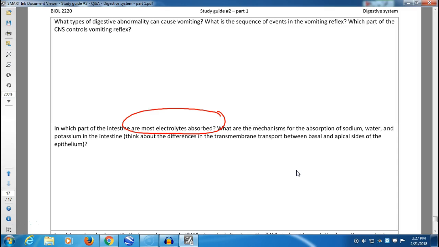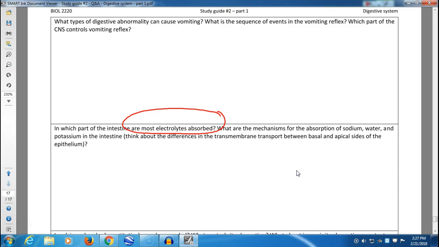PTH, indirectly via stimulation of vitamin D, right? Is it absorbed constantly or only when needed? Only when needed. What regulates iron absorption? Well, when you need it. When you need iron, you absorb it.